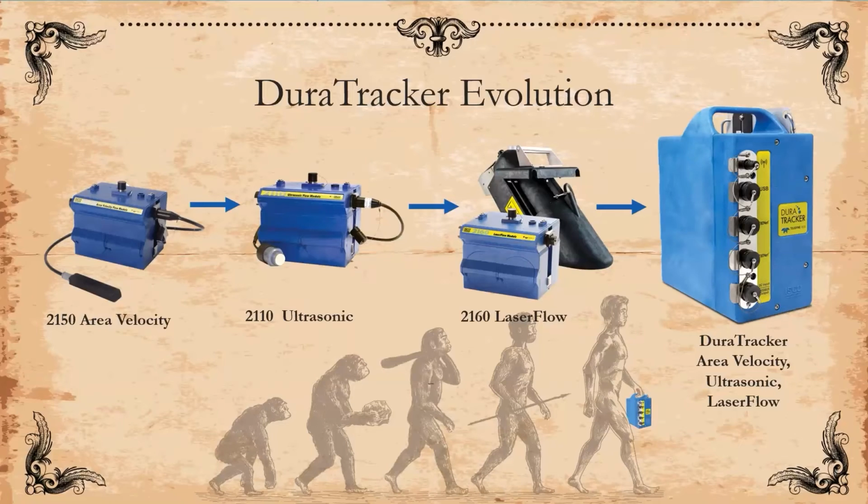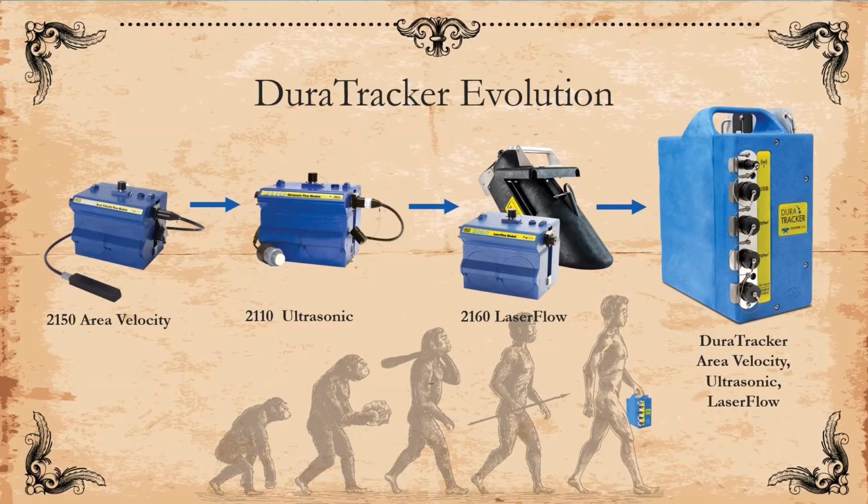So let's look at the DuraTracker evolution. We came out with the 2150 in the late 90s. That was our area velocity system. Then we came out with the 2110, which was the ultrasonic. So people that wanted redundant level measurement with the 2150, we could add the 2110. And then finally the 2160 came out.